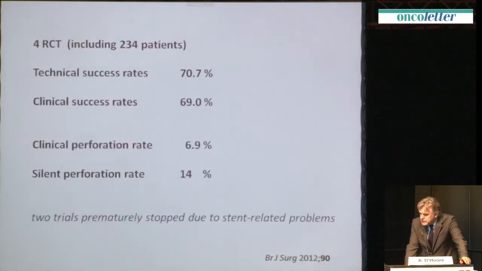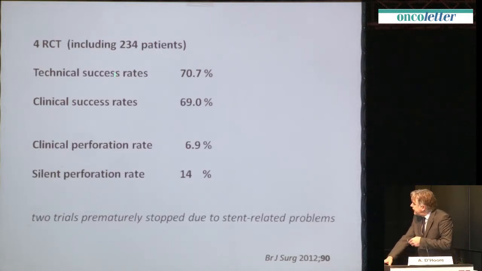Recently there was a meta-analysis of the prospective randomized trials, and when you look into detail, it's not that much of a success story, because you see a technical success rate of 70%. So in 1 in 3, the stent is not getting there. Clinical success rate is 69%. But on top of that, and this is very important, you have a clinical perforation rate of 7% and a silent perforation rate of 15%.